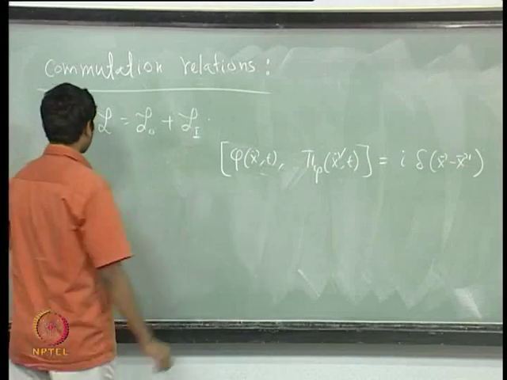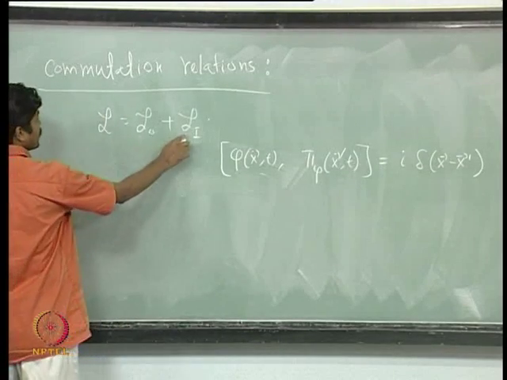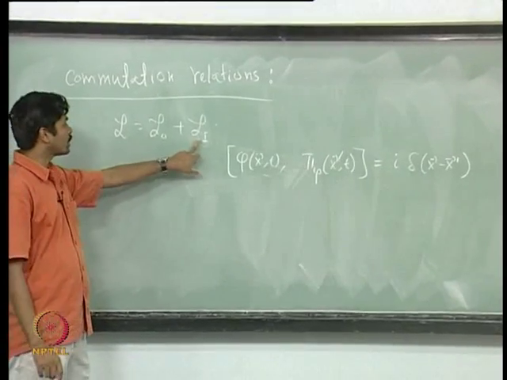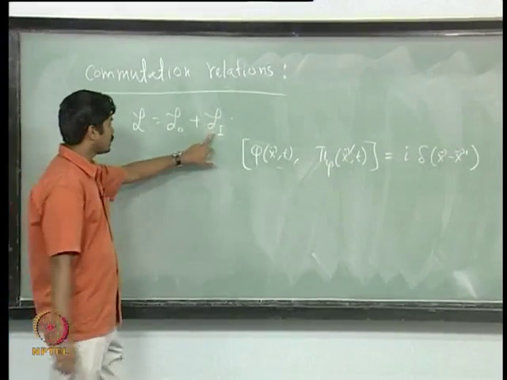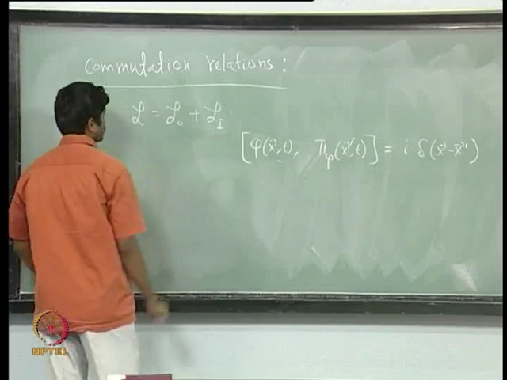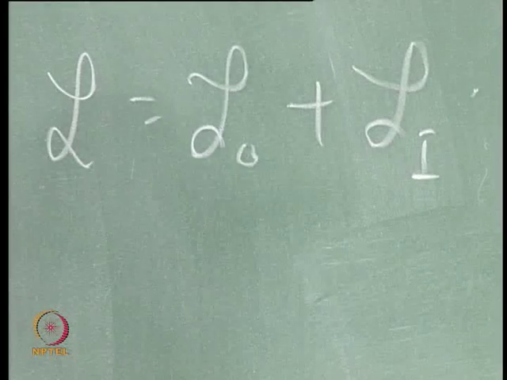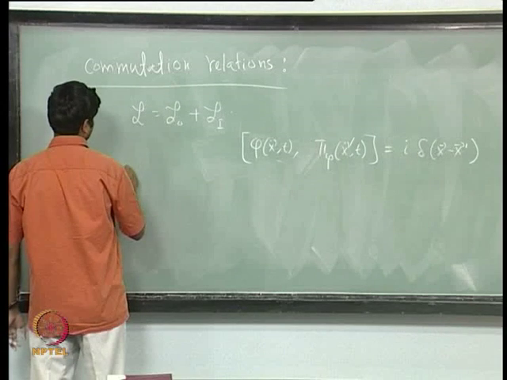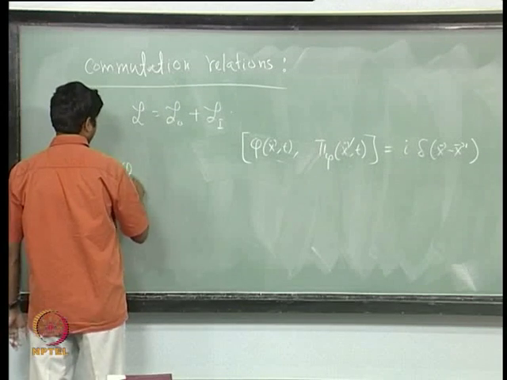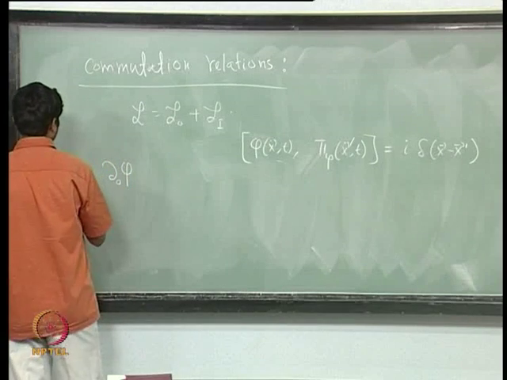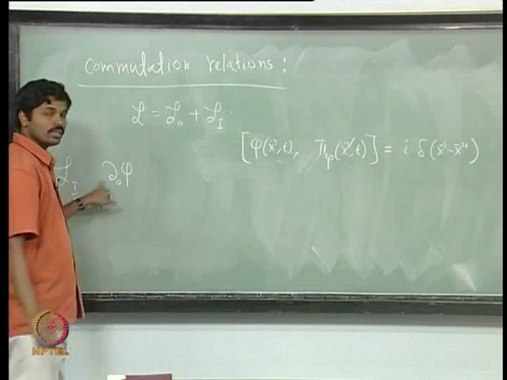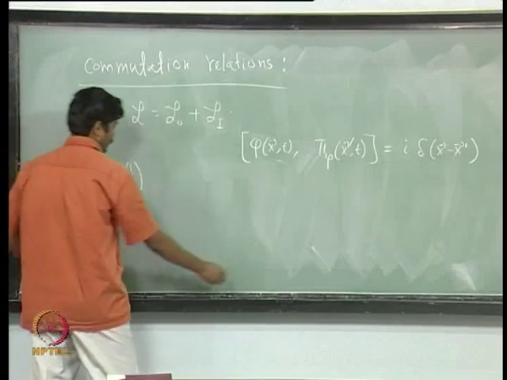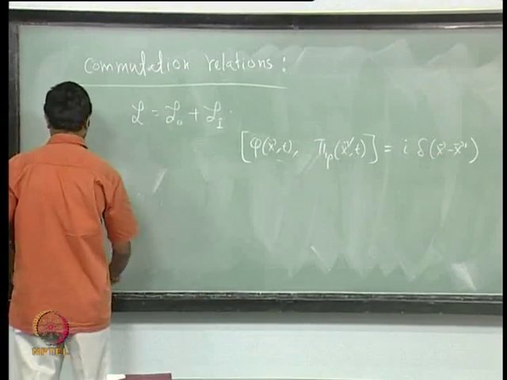However, we can make an assumption that this interacting part of the Lagrangian does not contain any time derivative of the field. So, what we will assume is that del 0 phi, this interacting part L_I, does not depend on del 0 phi.